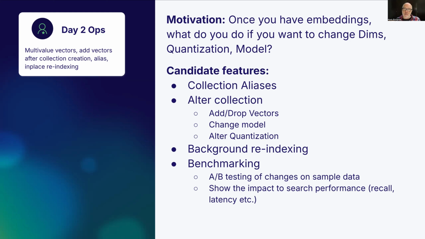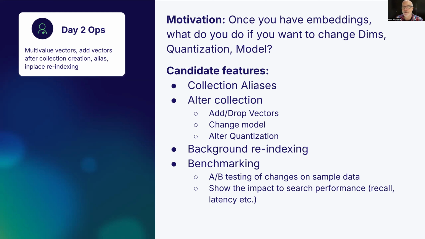And so this is where we're working on collection aliases, being able to alter a collection to add and drop new vectors, change model, alter quantization, a whole bunch of stuff. Being able to build those indexes in the background, and then when they're ready, give you the ability to swap them out. And then doing things like benchmarking, so you can see based on samples of data an A/B comparison of what those things look like before you do the mass conversion and revectorizing of your gigabytes of data.